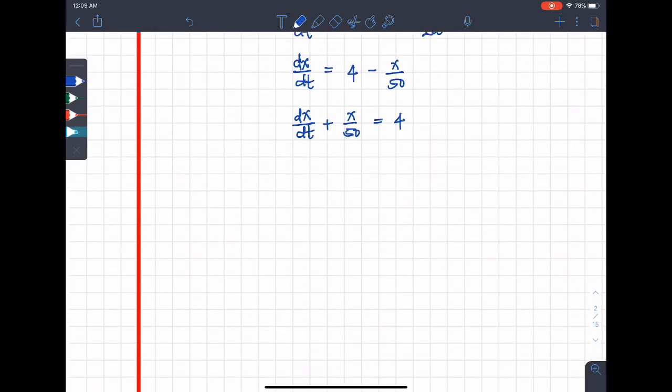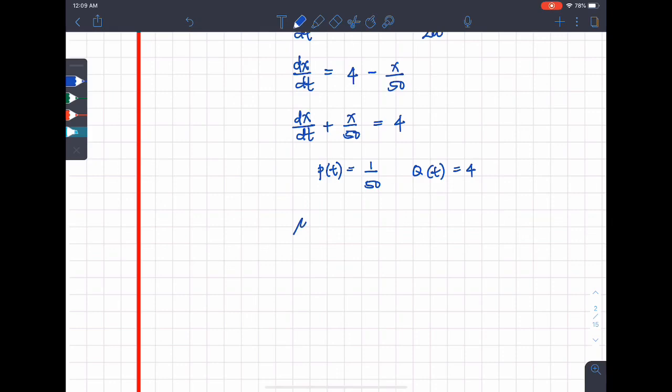From here, we can see that our P of t is 1 over 50, and our Q of t is equal to 4. Recalling the formula for a linear differential equation, we first need the integrating factor mu of t, which is e raised to the integral of P of t dt. That is e raised to the integral of 1 over 50 dt, or simply e raised to t over 50.